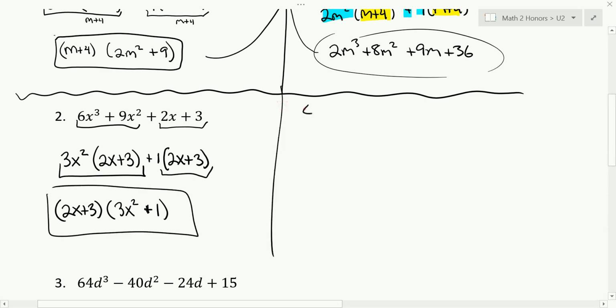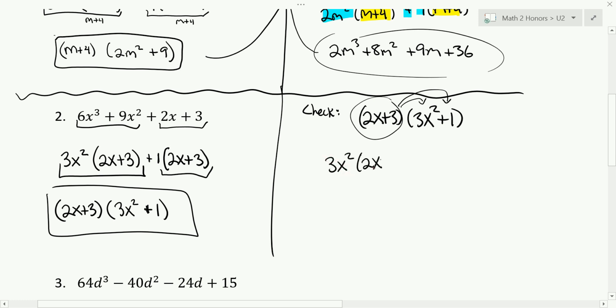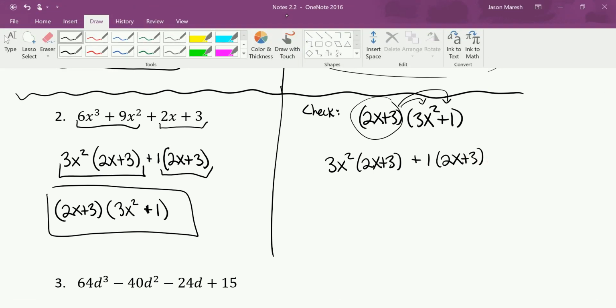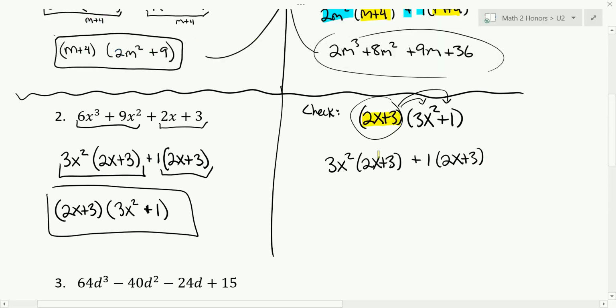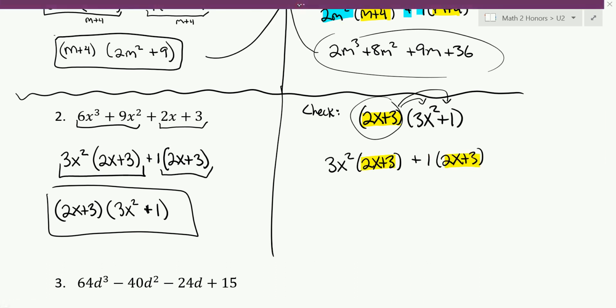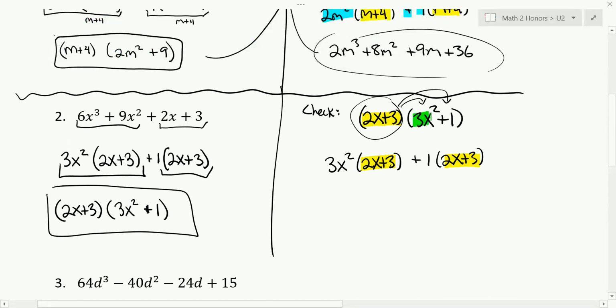So let's check. So write your answer, 2x plus 3, 3x squared plus 1, and distribute. So the 2x plus 3 gets distributed to the 3x squared plus 1.